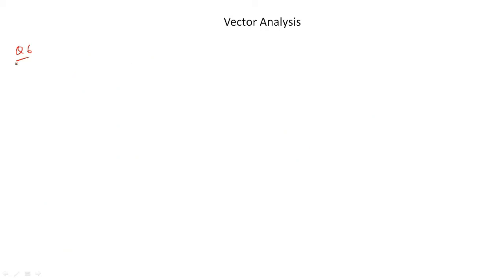Now the next problem is that here a vector A is given in this direction and vector B is given in this direction and vector C is given in this direction and vector D is given in this direction.